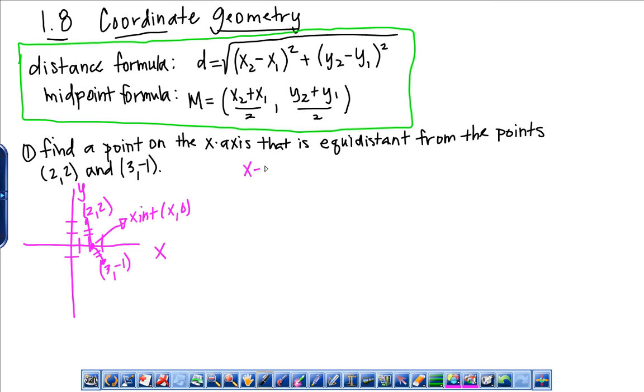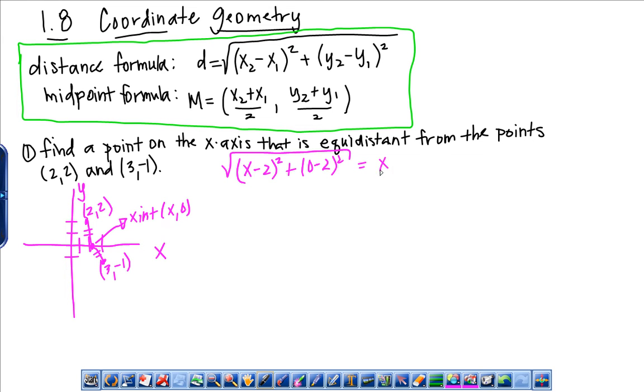x minus 2, so my x quantities squared, and add those to my y quantities, and subtracting those, square that, take the square root, and I need that to be equal to this distance.